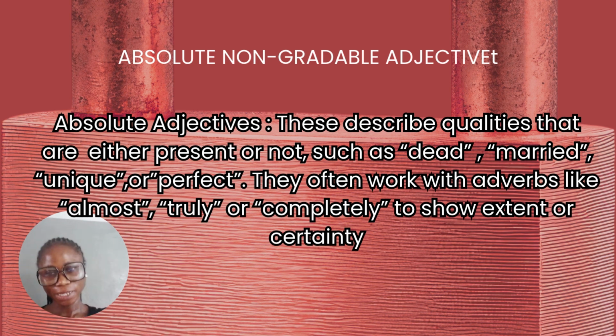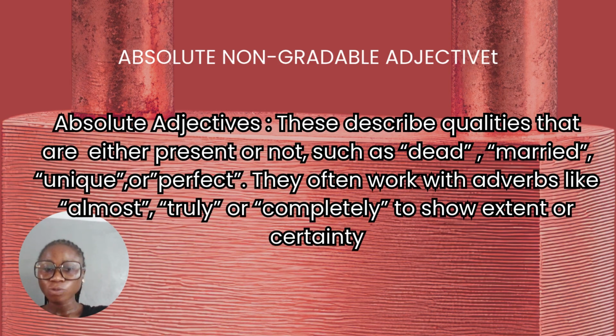Absolute non-gradable adjectives are adjectives that describe qualities that are either present or not. They describe qualities that are either in existence or not, such as dead, married, unique, perfect.